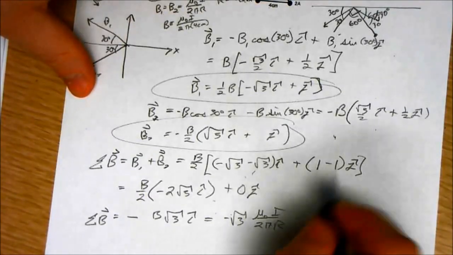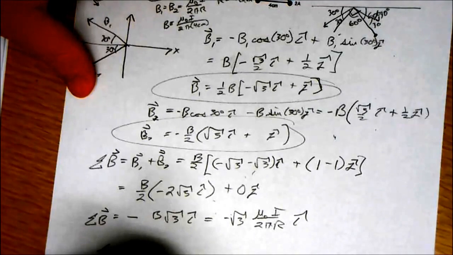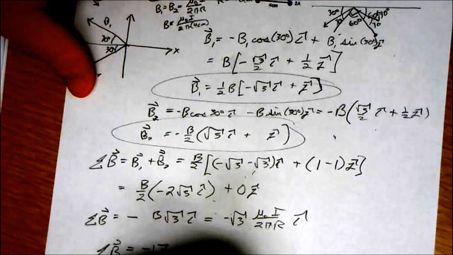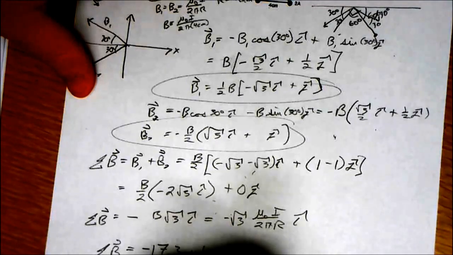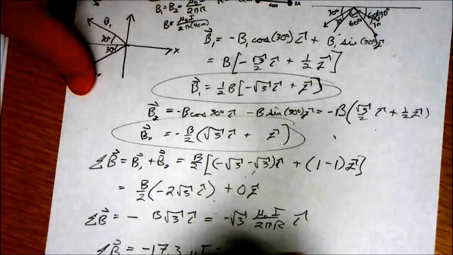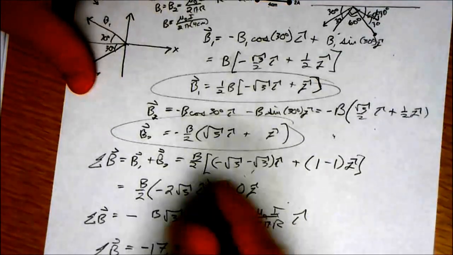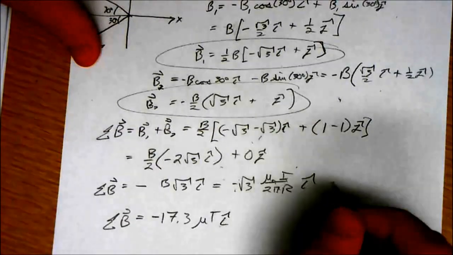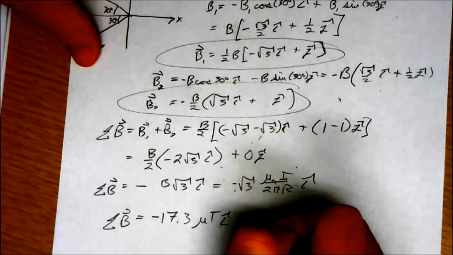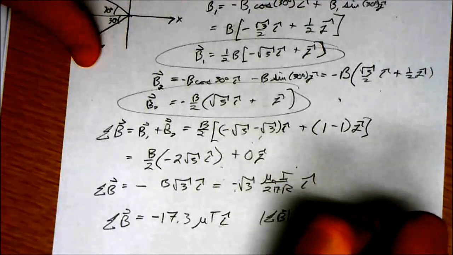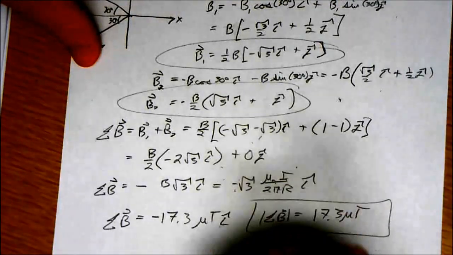And if you plug in the numbers, that equals negative 17.3 microtesla in the i hat direction. But the problem just asks for the magnitude, so this is 17.3 microtesla.